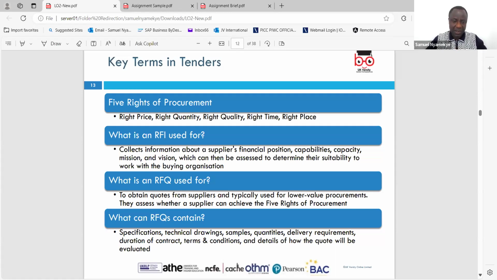So RFQs will obviously contain, like we mentioned, the description itself, the specification of the item, the drawings if there is the need for any technical drawings, and samples. You can even include some pictures for them to know that this is what I want. The quantities that you need, the delivery requirements. I want this one to be delivered to site.